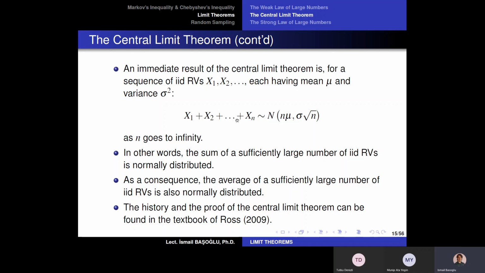And the central limit theorem states that if we have a sufficiently large number of independent and identically distributed random variables, the summation is going to be normally distributed. In short, the shortest possible explanation of the central limit theorem: the sum of a sufficiently large number of independent and identically distributed random variables is normally distributed.